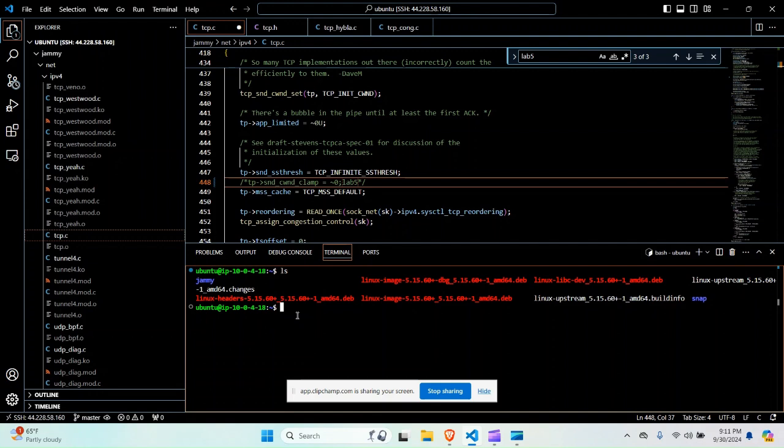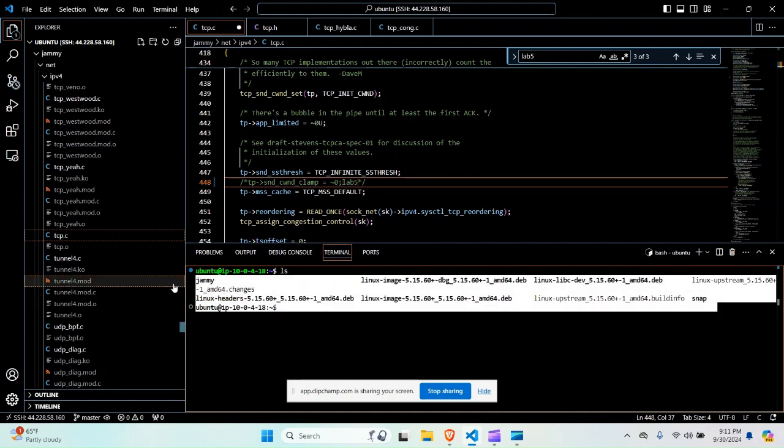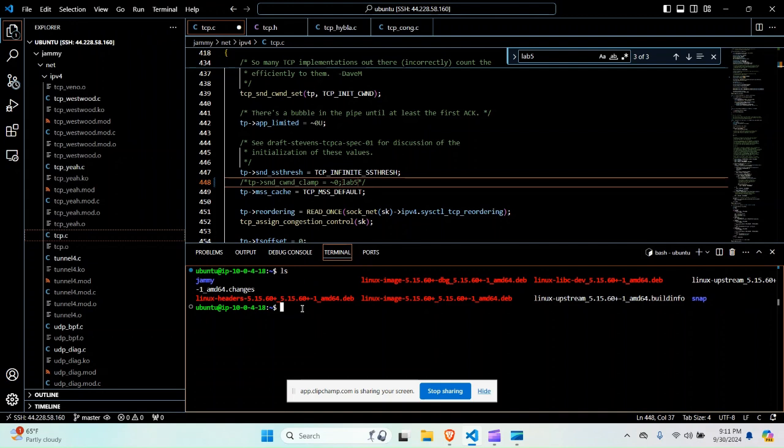After you compile the kernel, it will generate all these image files, and then you have to patch these image files to your desired system. That's it. So now, what are the advantages of this approach? It increases your throughput, you know, temporarily, not permanently. Why temporarily?